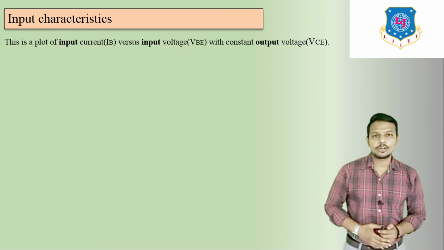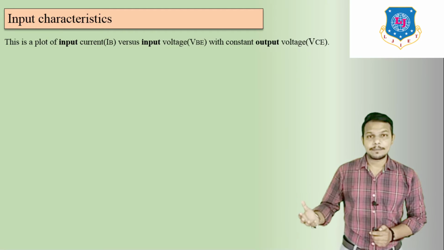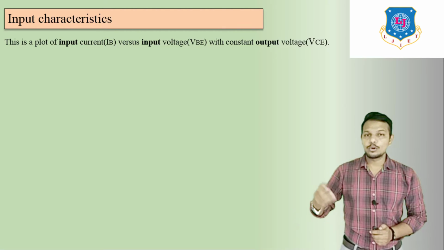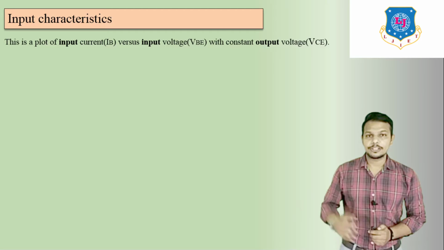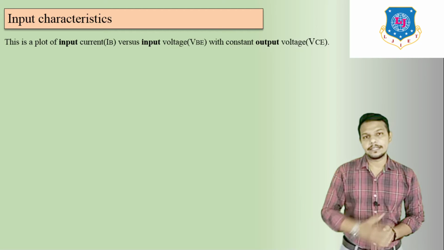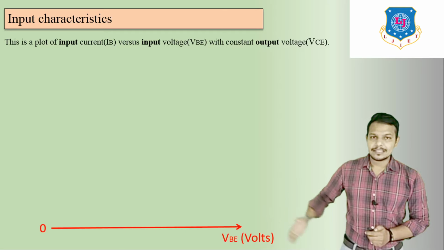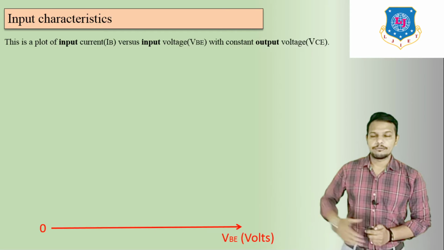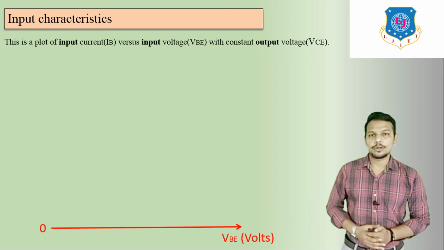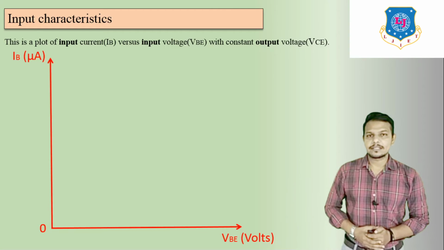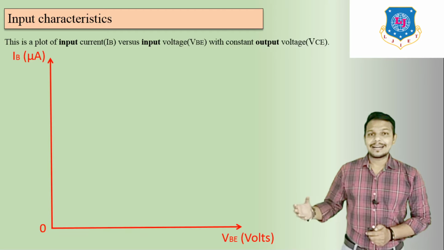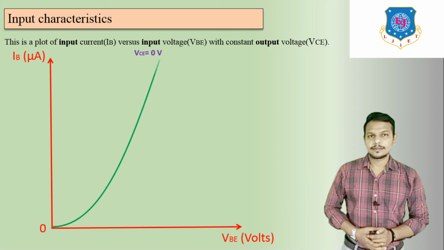Here we can see this is the plot of input current, which is IB, the base current, versus input voltage, that is VBE, base to emitter voltage, with constant output voltage VCE. On the x-axis we are going to take VBE, which is in volts, and on the y-axis we are going to take IB, which is in microampere. So here you can imagine your graph like this.